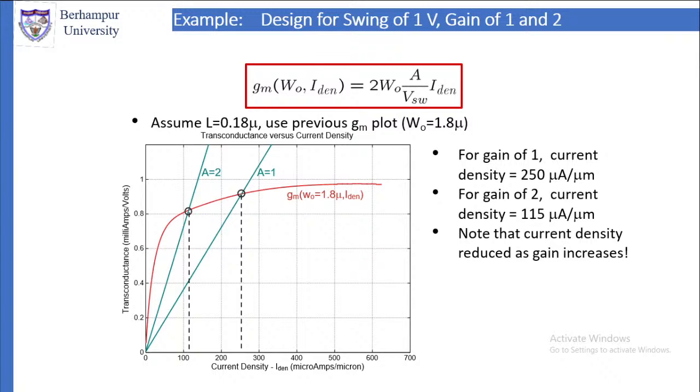It will meet at around 250 microampere per micrometer. For gain equal to 2, draw the second curve, A equal to 2. For A equal to 2, the current density is approximately 115 microampere per micrometer. So we can see that the current density is reduced as the gain is increased. If you keep on increasing the gain, the current density will keep on reducing.